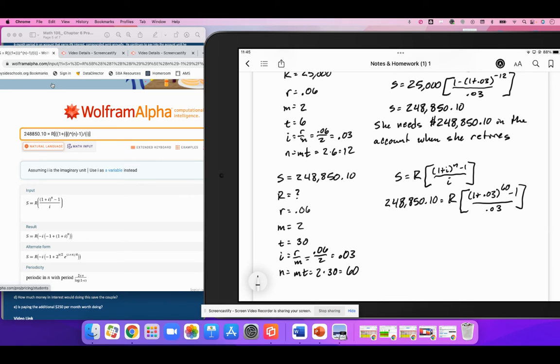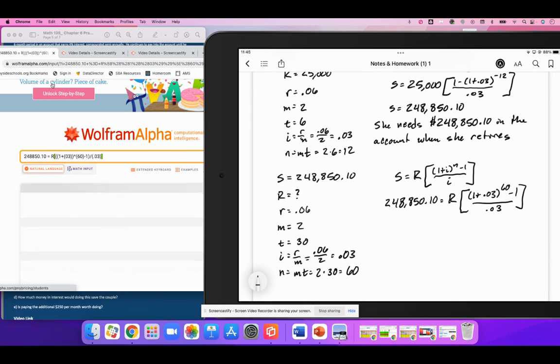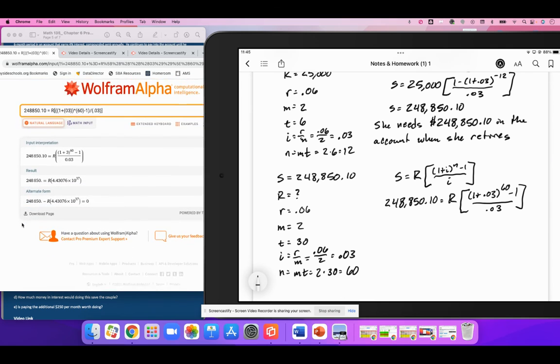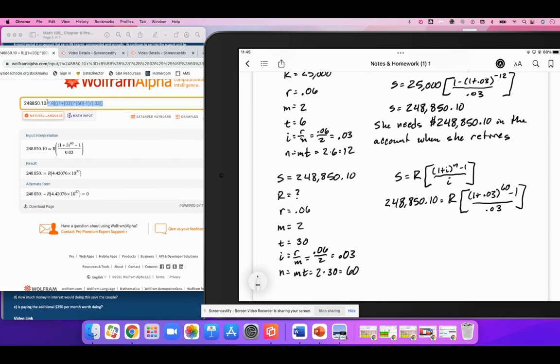Don't know what the payment's going to be. I is 0.03. N is 60. And I is 0.03. Got to divide by, it's a weird one.